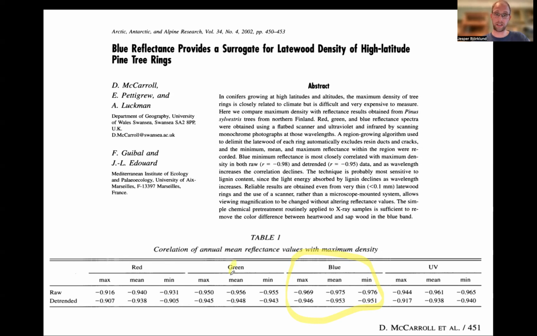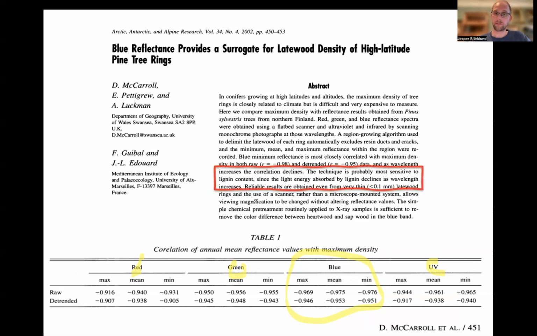And you can see that the green, the red, and actually the UV had slightly lower correlation, but still very high. So they could go for these ones as well. They went for the blue, and that's why we call it blue intensity.